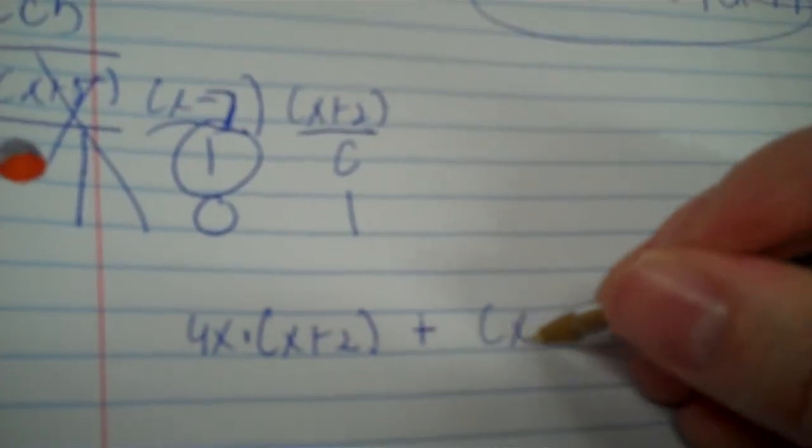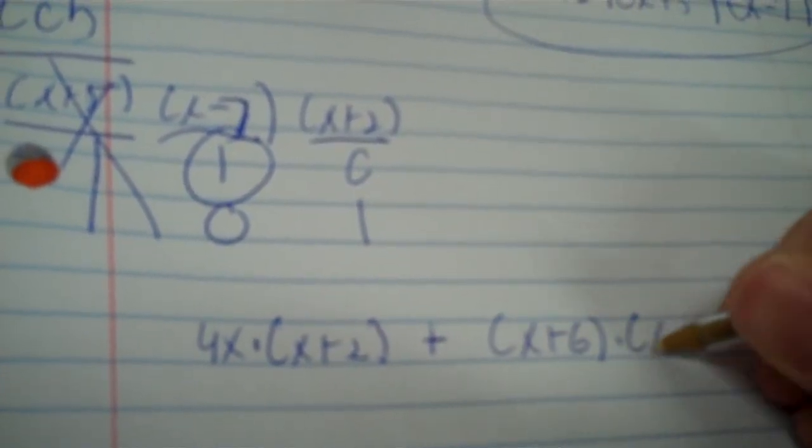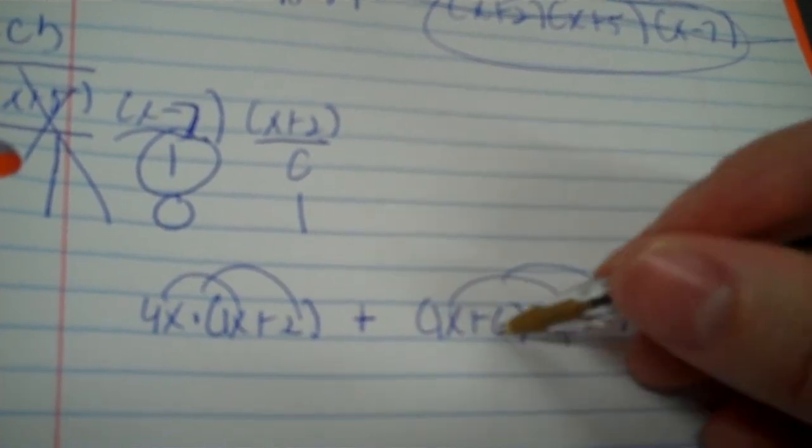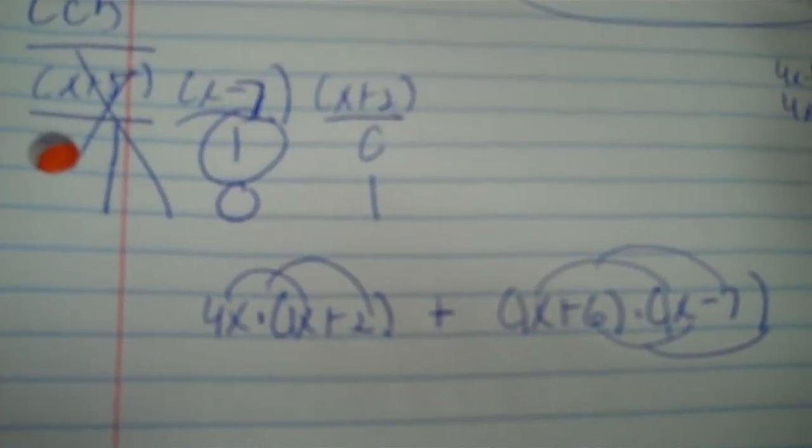Well, you've got 4x times x plus 2 plus x plus 6 times x minus 7. So we need to basically multiply these out. We need to distribute here, and we need to do the FOIL method over there. So first, and I'm going to do it all at once, 4x times 1x, 4x times 2.